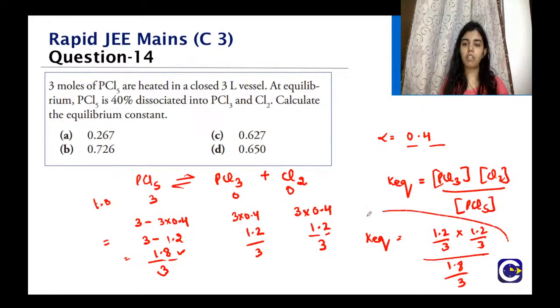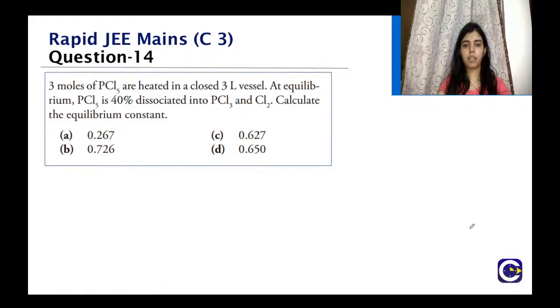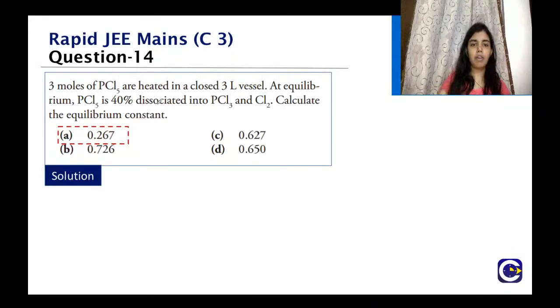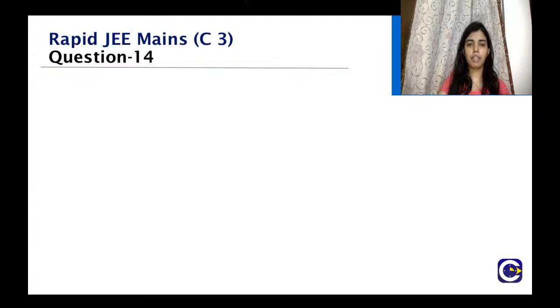When you solve this, you will get the value of K equilibrium. The answer that you will be getting for the equilibrium constant is 0.267.